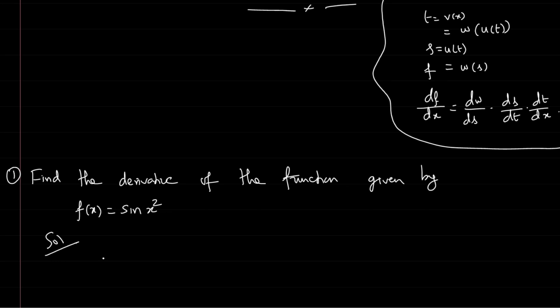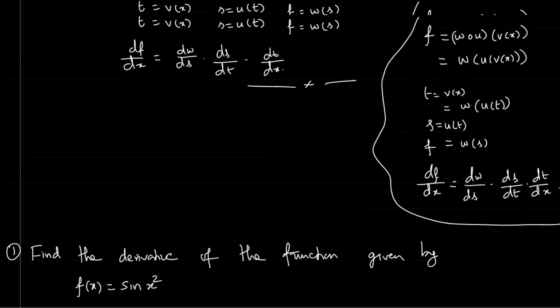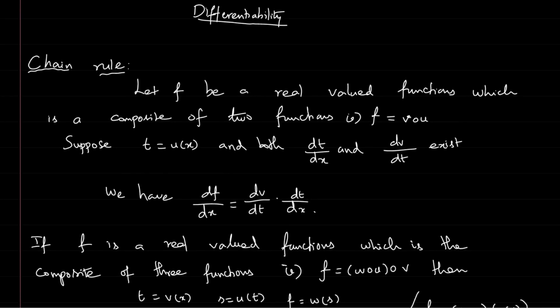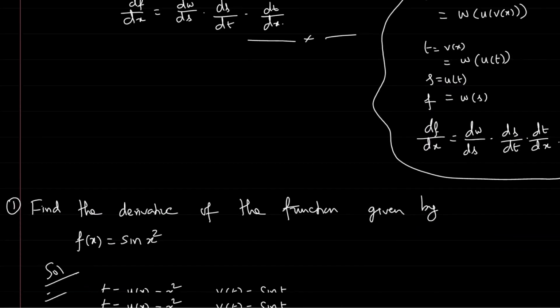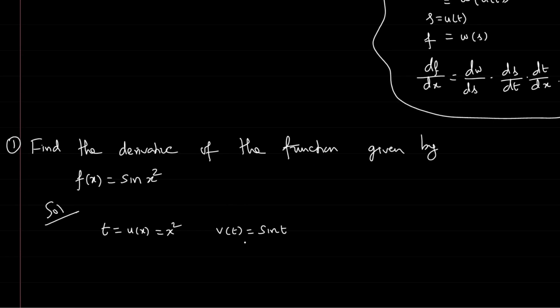function as, I am going to take t is equal to u of x, which is equal to the polynomial function x square, and v is a function of t which is equal to sin of t. From the definition here I am taking t is a function of x and v is a function of t. So here t is equal to x square and v of t is equal to sin of t.